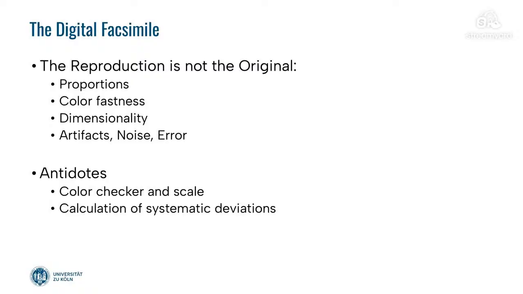The color fastness might change, there are different dimensionalities, and also artifacts, noise, and errors in the images, like the light, or some dirt on the page or on the lens. And there are also methods we can use to avoid or reduce those effects of digital photography, which are the color checker and the scale, and also maybe the calculation of systematic deviations if we want to process many images at once.